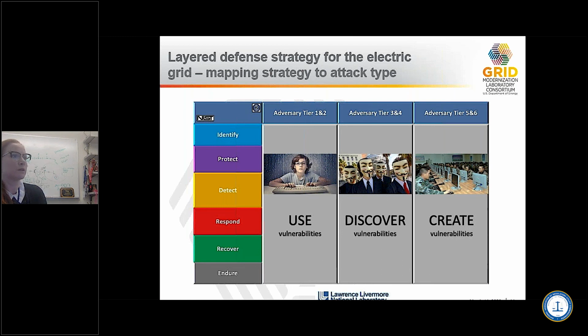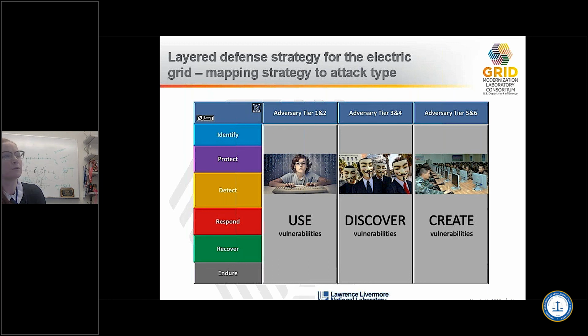For example, adversary tiers 1 and 2 here, we're talking about the kiddie coders, the people sitting in basements that manage to get into networks by finding known vulnerabilities that are there, and they manage to sort of zero-day attacks. The people like the kid that managed to take down the Massachusetts airport because he was hacking through something else, and so it's the kiddie coders that are worried about there.